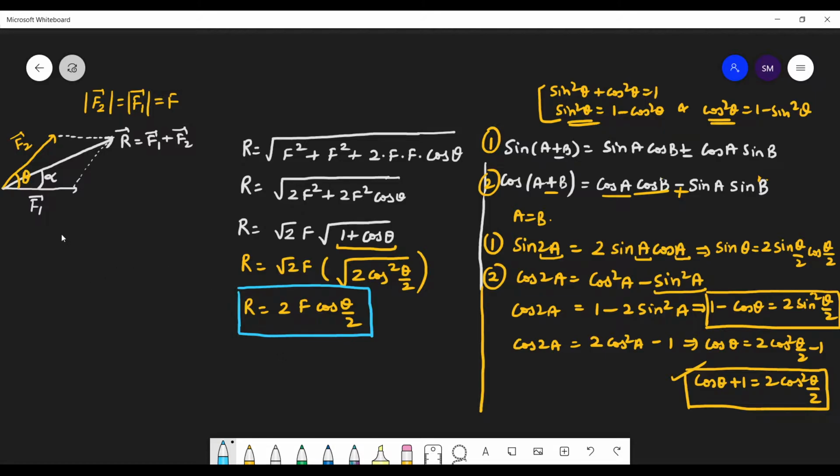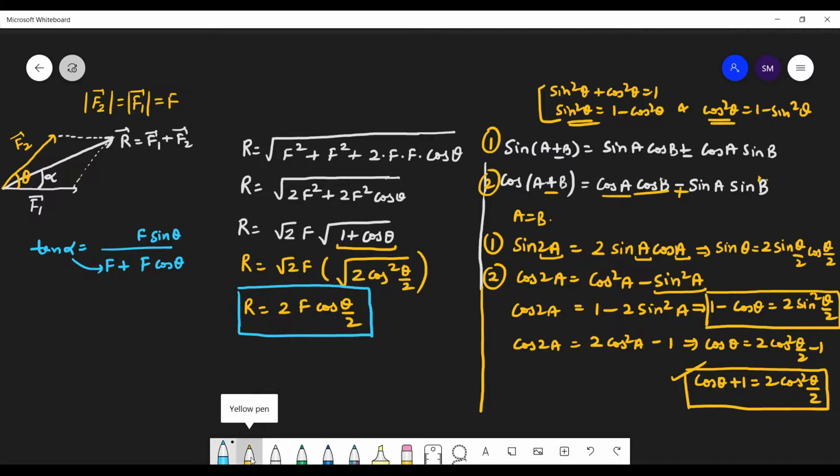Okay, what about this tan alpha? Tan alpha is equals to, this alpha is with this f1, so that's magnitude is f, plus what about another side? It means f2 magnitude, it's also f. So tan alpha is f sin theta upon f cos theta.